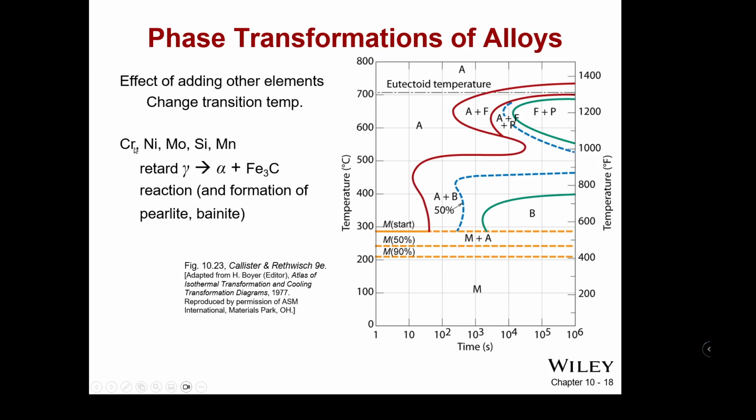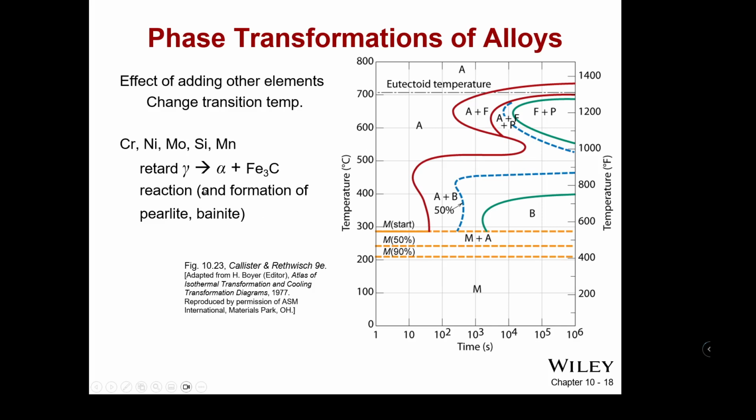So these materials, chrome, nickel, molybdenum, silicon, manganese, they all slow or retard the transition from austenite to alpha and cementite or iron carbide.